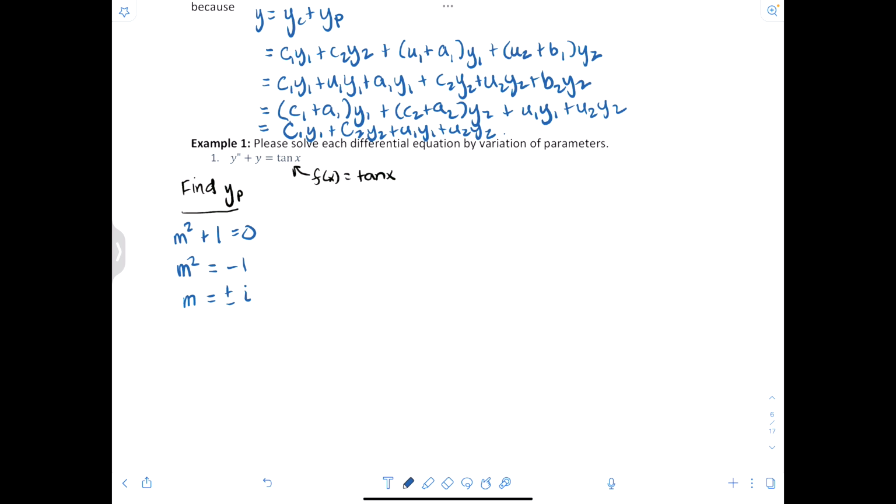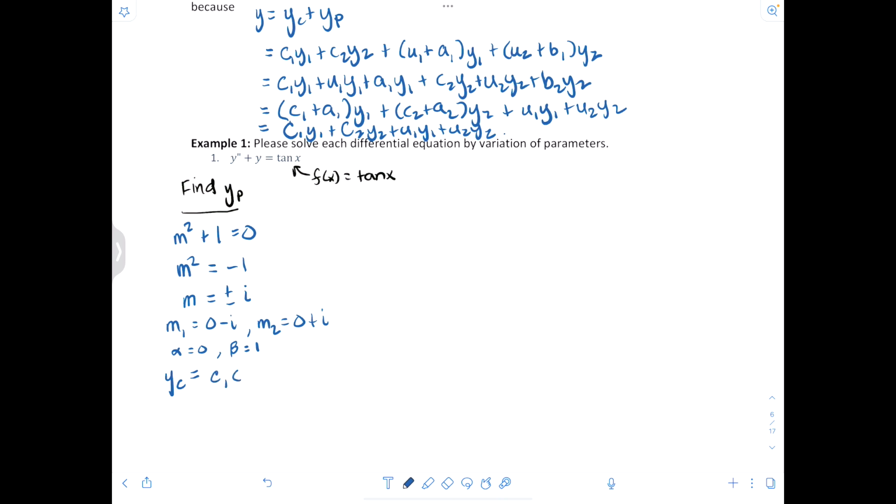Working on our auxiliary equation, you'd have m1 is 0 minus i, m2 is 0 plus i. And so when we were working with those other things, this would give us alpha 1 and 2 are 0, beta is 1.